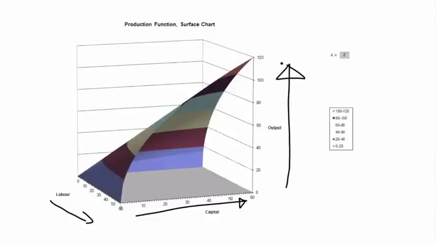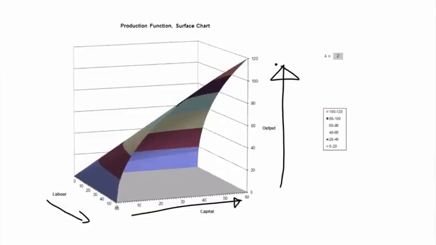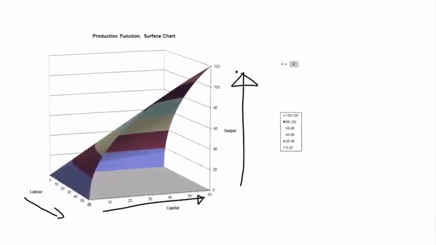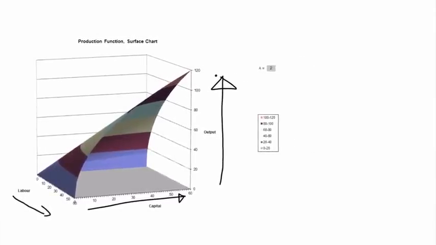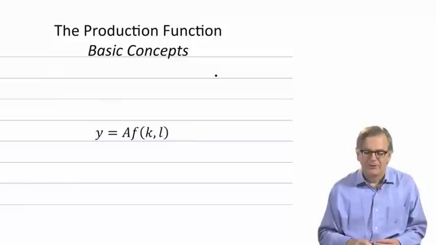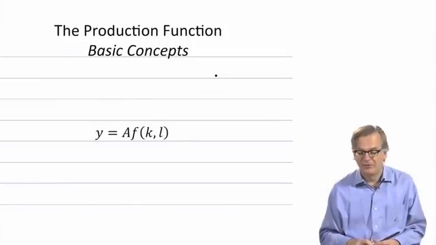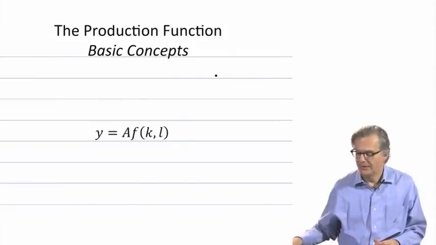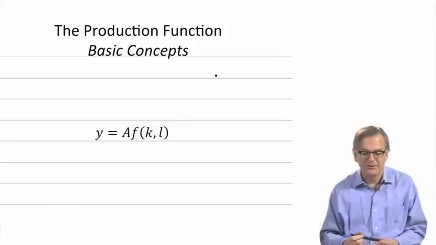Let me just explore that a little bit more, because I'm going to come back to this surface chart and show you something really important very, very shortly. But to do that, I want to introduce you to the mathematical representation of the production function. You can see that in the centre of this slide.